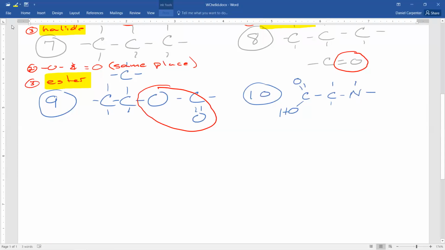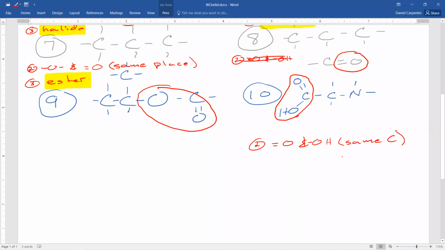All right, here, number 10, we've got a double bonded O and an OH on the same carbon. Now I'm going to have to go below. I just don't have enough room to write here. So, we've got a double bonded O and an OH on the same C. And that's the tricky part.